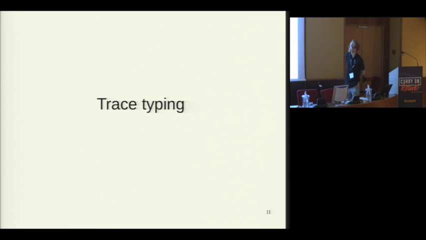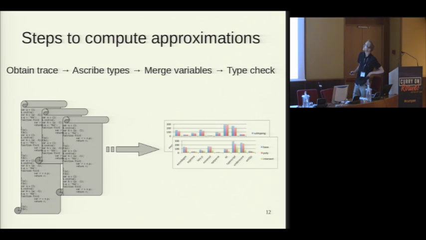So let's talk about the approach called trace typing. This is the approach that will in the end produce these graphs where we approximate the number of type errors for different type system configurations. And it consists of multiple steps.